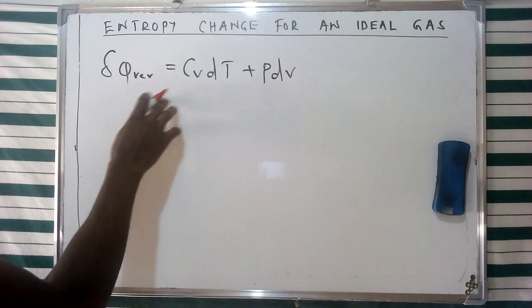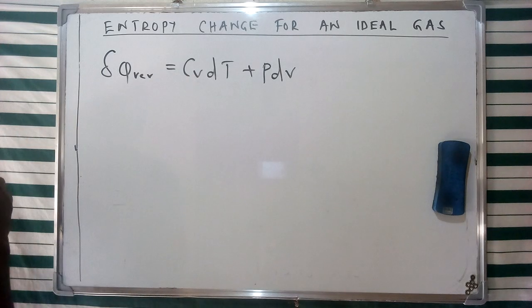the sum of Q reversible is equivalent to Cv dT plus P dV.